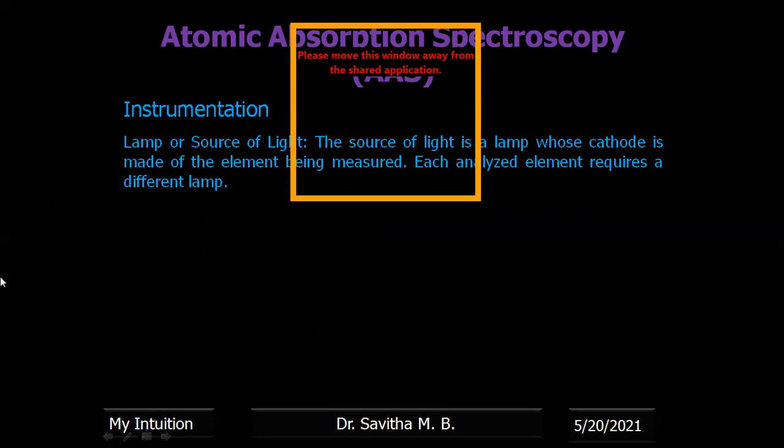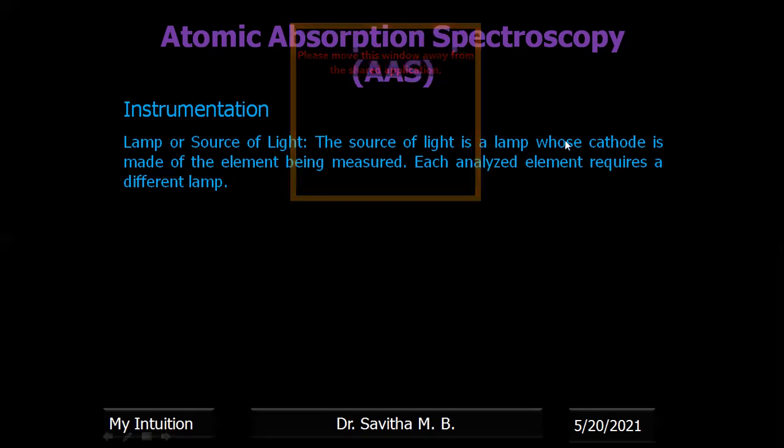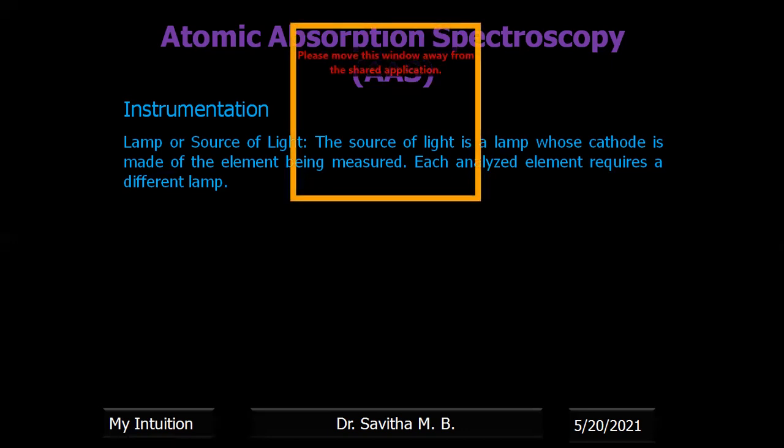For example, if you want to analyze gold, you need a source whose cathode is made up of gold. Therefore, if you want to analyze any metal, a suitable cathode ray lamp should be taken. For each element, a different lamp is required.